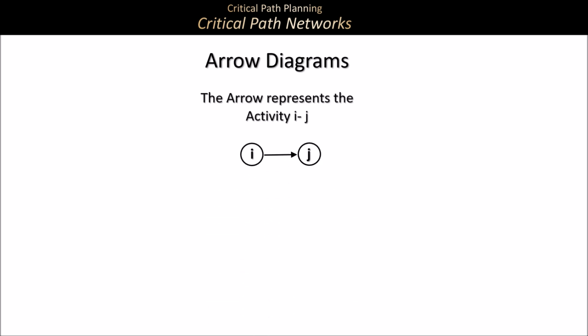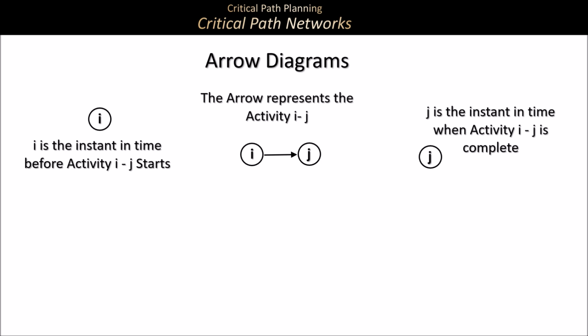In the case of arrow diagrams, the arrow represents the activity ij. The little circle on the left with the I in it is called a node, and it represents the instant in time before activity ij starts.